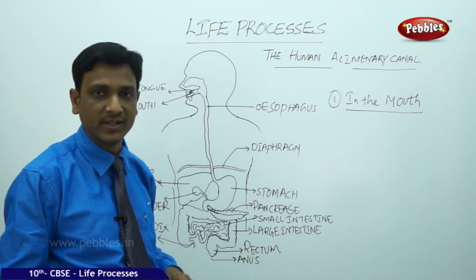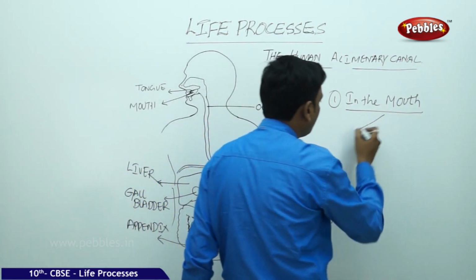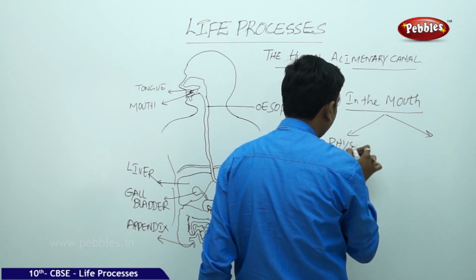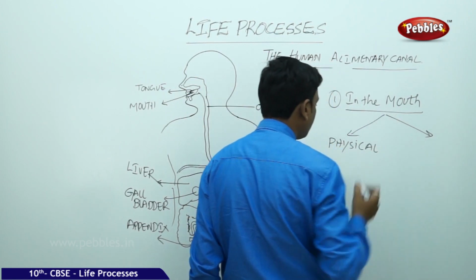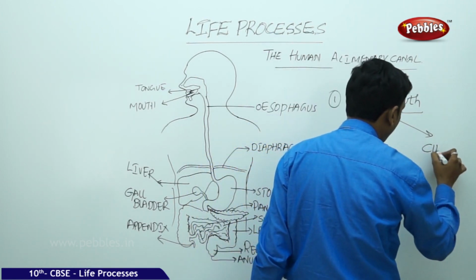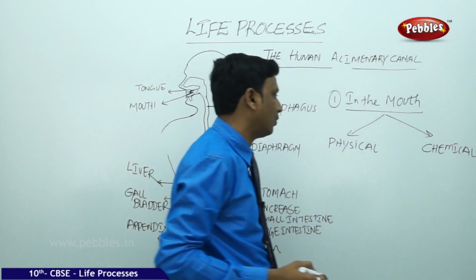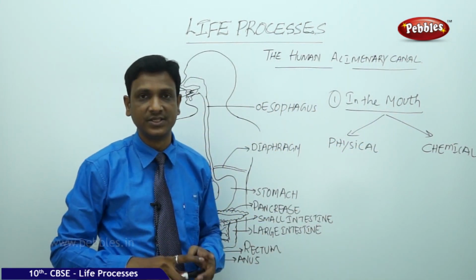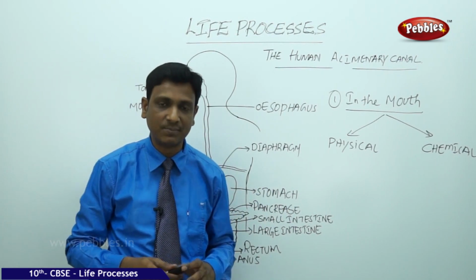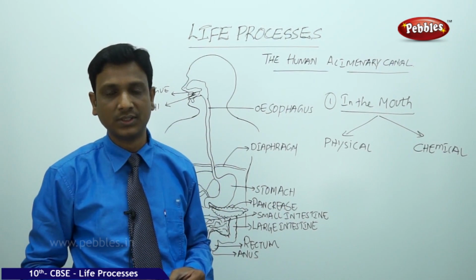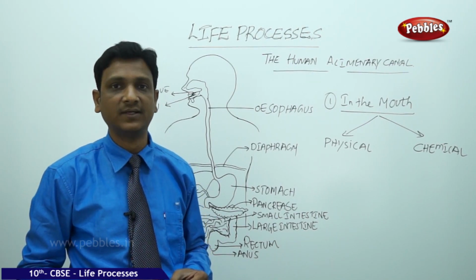What happens to the food in the mouth? Two kinds of things happen in the mouth. One is physical change, and the other one is chemical change. What is the physical change that happens to the food? With the help of the structures present in our mouth, what are the various structures we have?